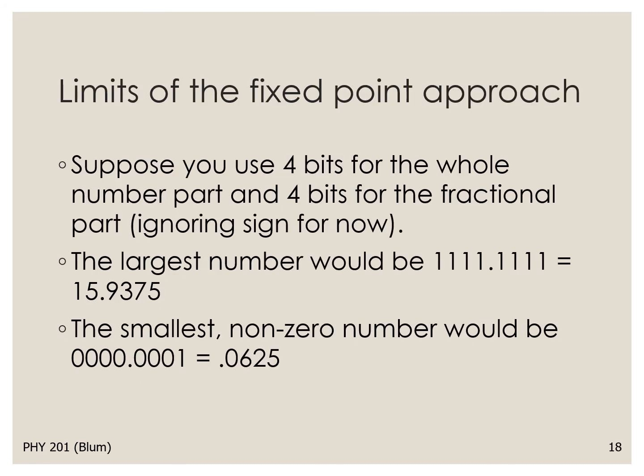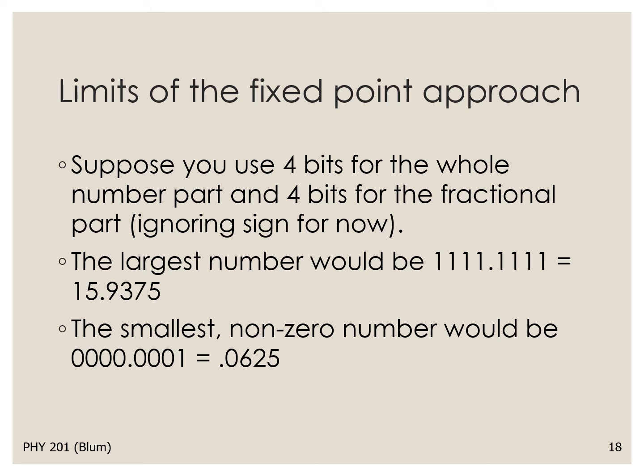As when we played with signed and unsigned numbers, it's useful to know the sort of range of possibilities. So what we're doing right now is what's called a fixed point number. So you take so many bits to represent the whole number and so many bits to represent the fraction. And so let's just say, as a simple case, 4 bits for the whole number and 4 bits for the fraction.